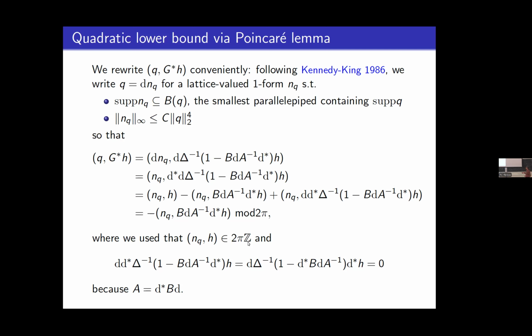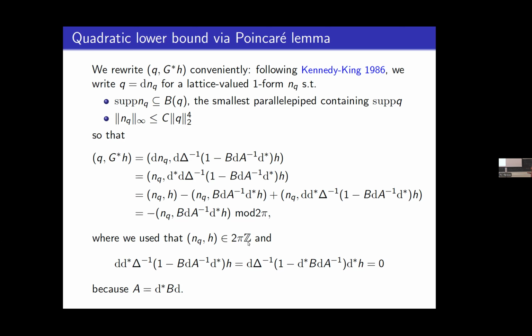Also they have some control on the sup of this, so it cannot be too big. So if Q is small, also NQ is small. Remember that Q is lattice valued, so small, whatever.